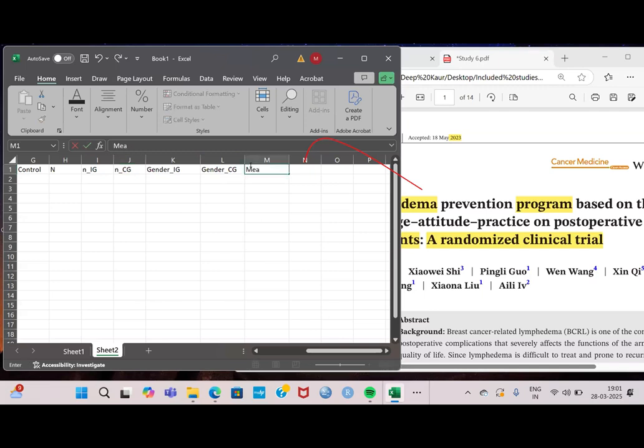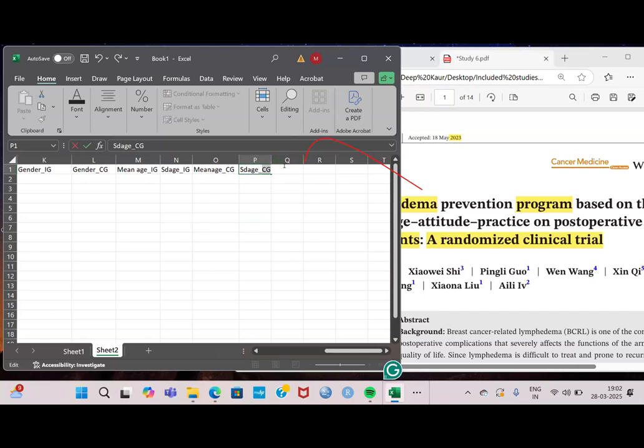Next is the mean age. Mean age of IG group. Then we have SD age of IG group. Similarly, we will have mean age of control group and SD age for control group.